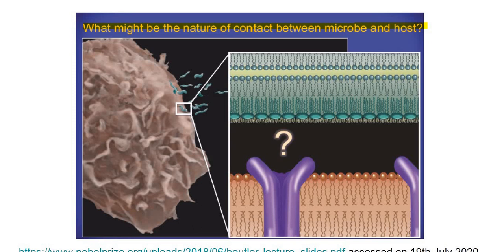How does the host respond to the microbe? These were some of the questions Professor Bruce kept asking until he found the answer. So these two question and answer sessions led to a fantastic Nobel Prize in Physiology and Medicine. We shall have a small bit of history into that aspect in this talk.